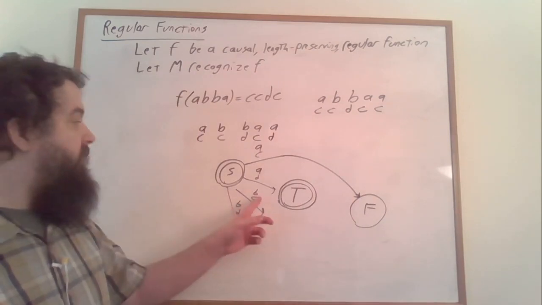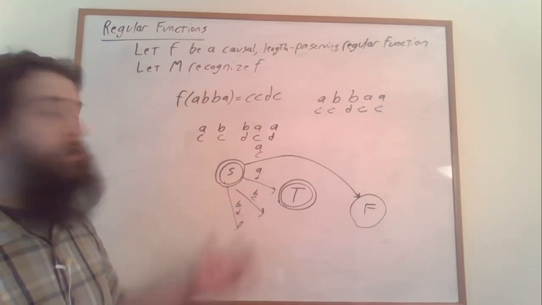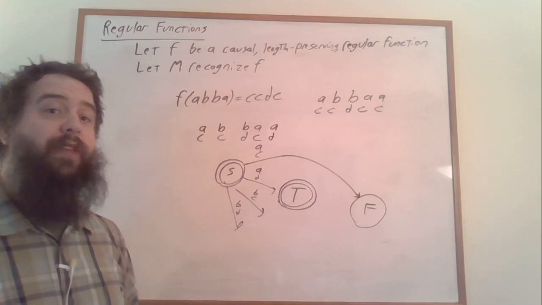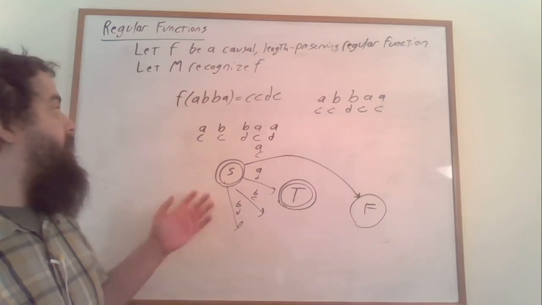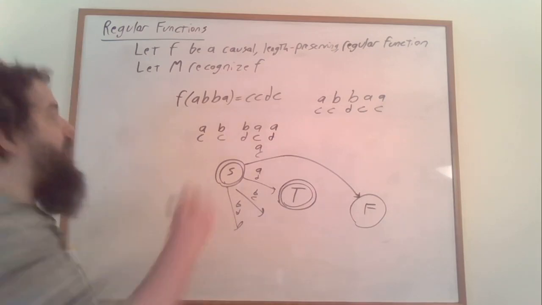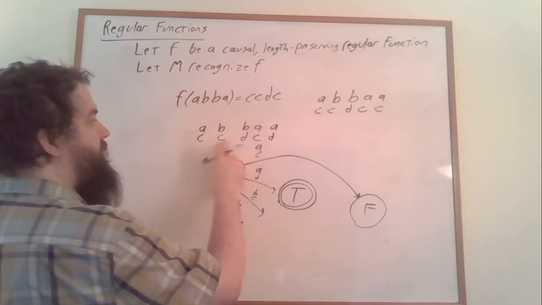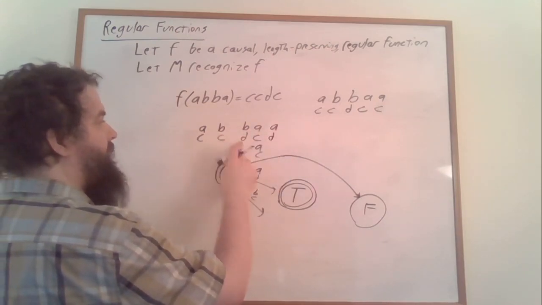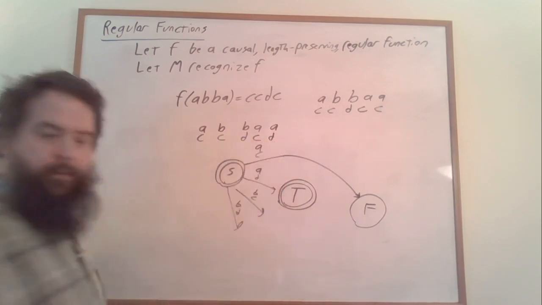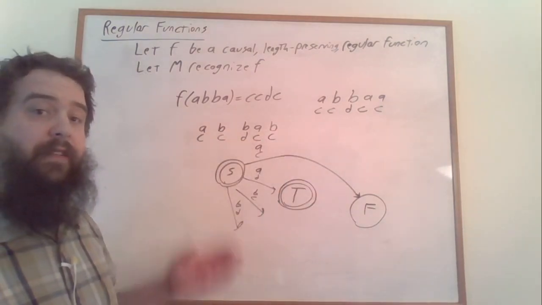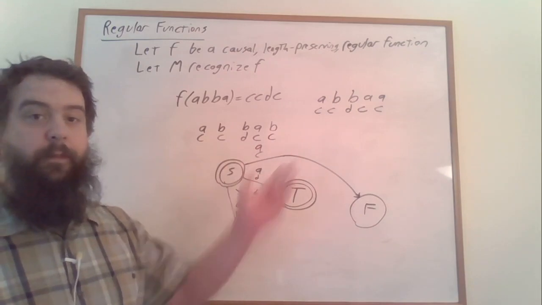Similarly, one of BC or BD is going to be a valid continuation of the input, depending on whether f of ABB, BAB is CCDCD or CCDCC. Let's say that it's CCDCC.